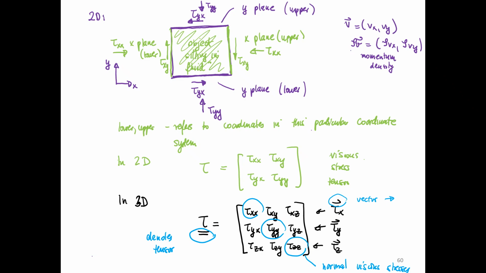Good news is in terms of values, tau xy and tau yx are the same. So when you're actually calculating and evaluating things, even if you flip in your formula what is x and what is y, you're going to be okay. You're going to arrive at the same number. So what we say is that tau xz is tau zx, tau yz is tau zy.